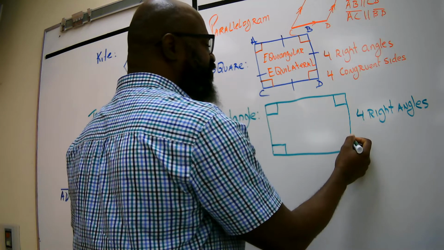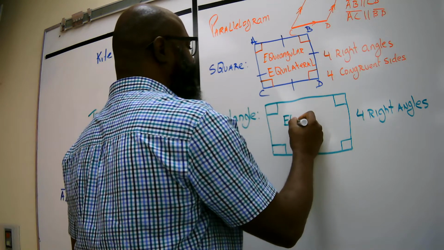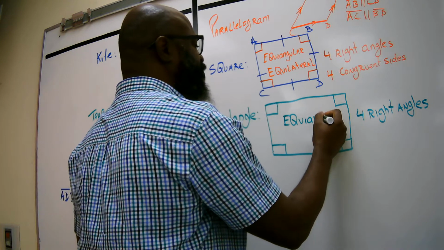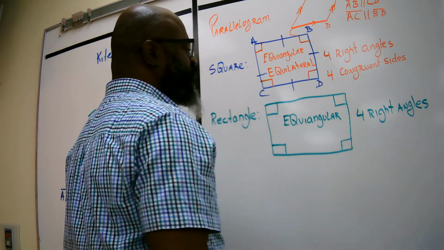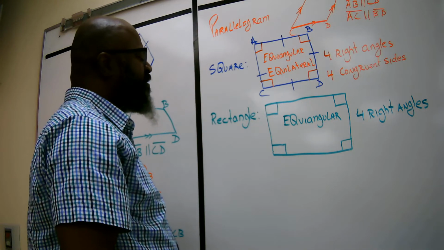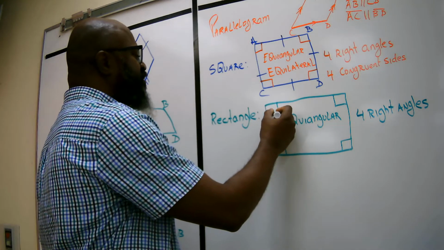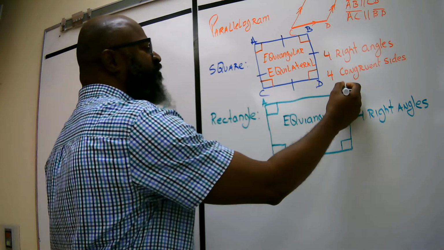Remember, if it has 4 right angles, in this case it is equiangular. Whenever you have right angles, they form perpendicular lines. So if you have 4 right angles, you will have perpendicular lines.